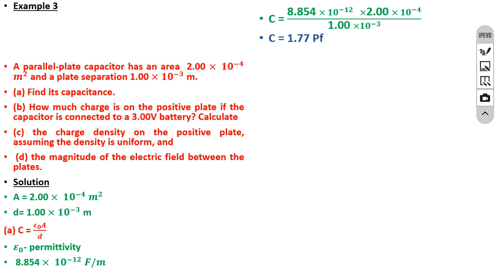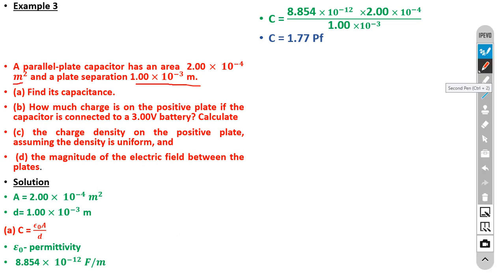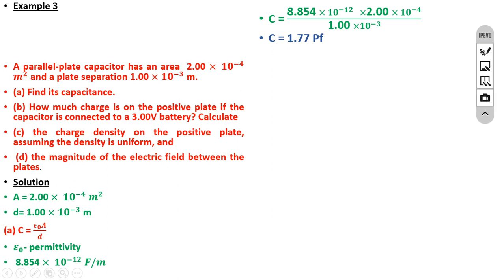So the P here stands for pico-farad in place of the minus 12. In place of the minus 12, we had to put the pico. Do not forget that. The second one said, how much charge? So charge is Q. How much charge is on the positive plate if the capacitor is connected to a 3-volt battery?